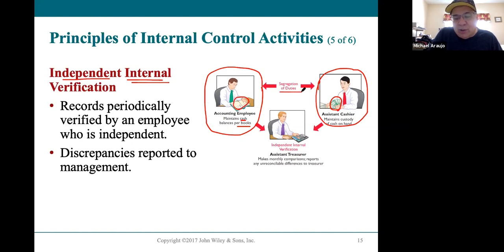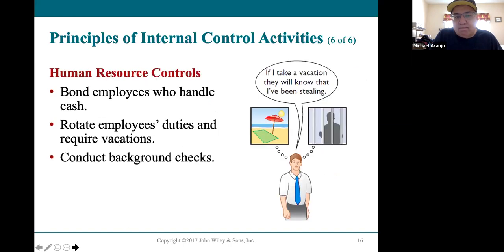Now that's segregation of duties. How is that working out? Well, a third party who isn't directly involved but knows what's going on, like an assistant treasurer, would make reconciliations of those. And if there's any differences, they can investigate. So that's an independent verification. Any discrepancy is reported to management and usually investigated.